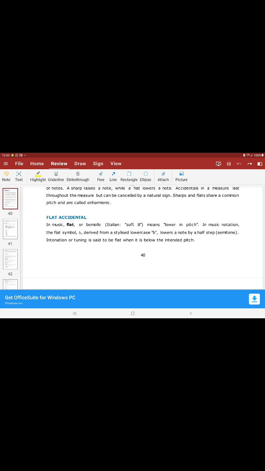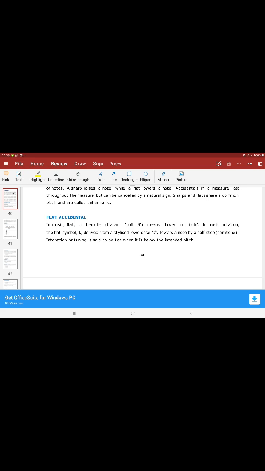So a flat decreases the pitch of a note by half step, or by a semitone.